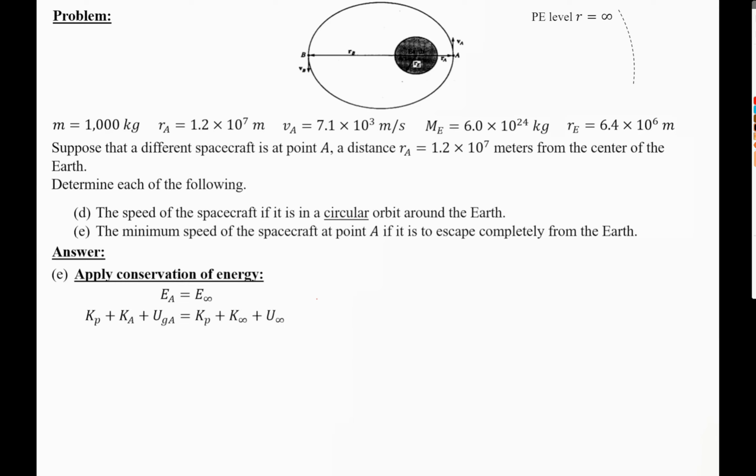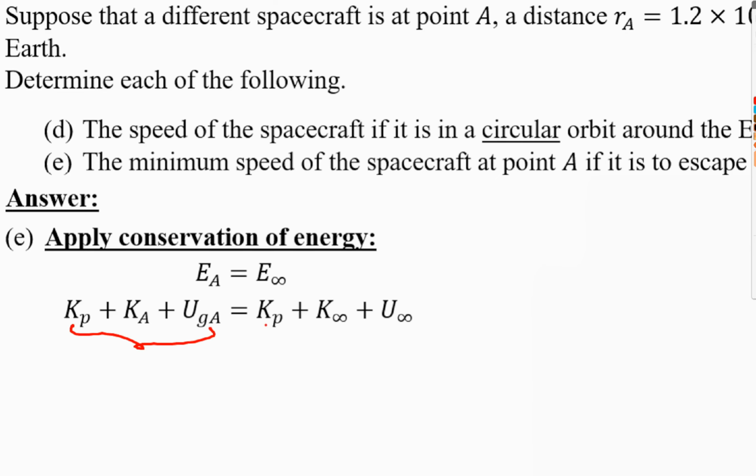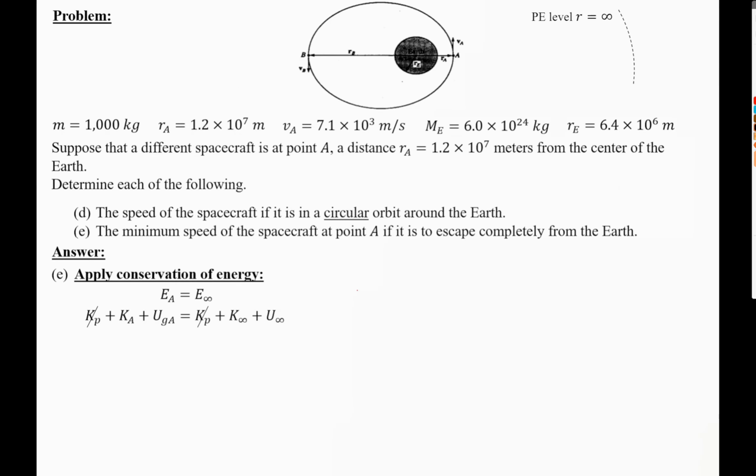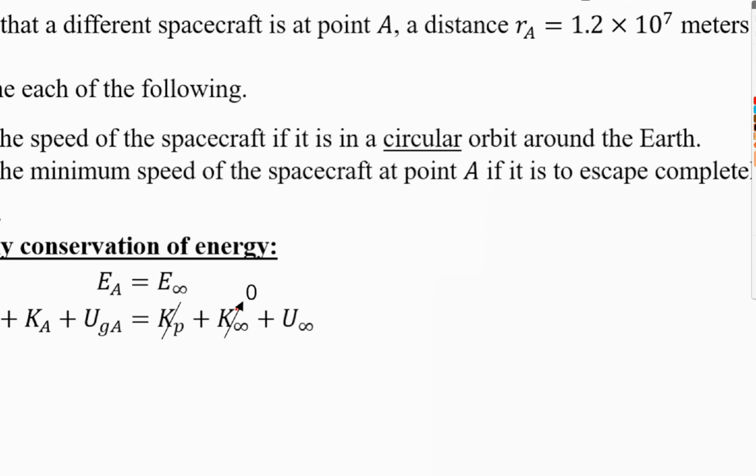And that would be the kinetic energy of the planet plus the spacecraft plus the gravitational potential energy, equated for two states, at the point A and the final state. And now we can directly neglect the kinetic energy of the planet, which is Earth. At infinity, that would be 0. Why is this 0?